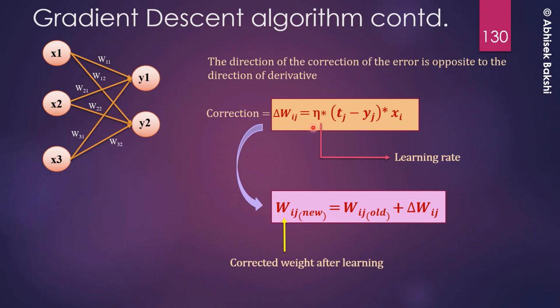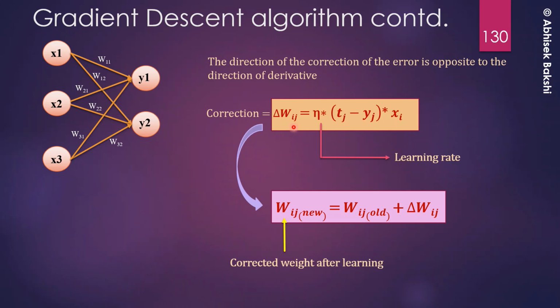What is this eta? This is the learning rate. You have already seen it when we did the code of linear regression from scratch. And this delta wij is nothing but the correction: the learning rate multiplied by the gradient, I mean multiplied by the derivative.